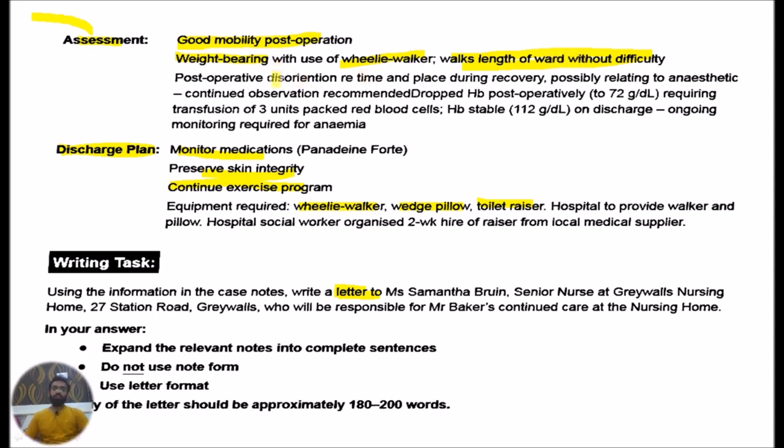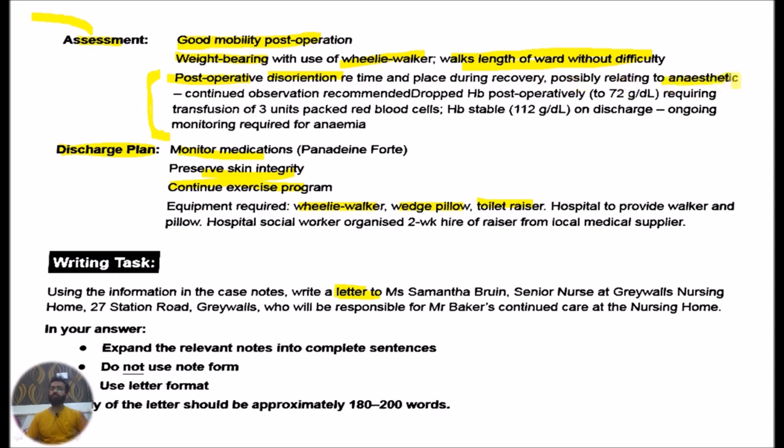Again, we are going to write these findings in our second paragraph, because they are post-operative findings. It is clearly written that there was post-operative disorientation to time and place during the recovery, which may be related to anesthesia.